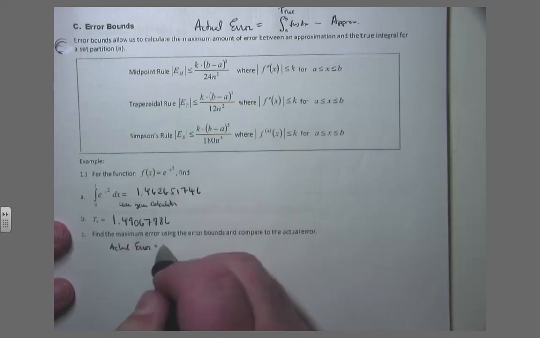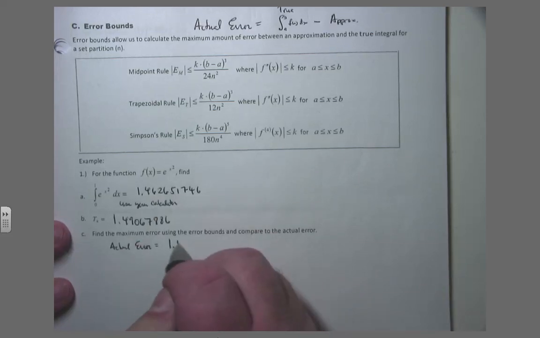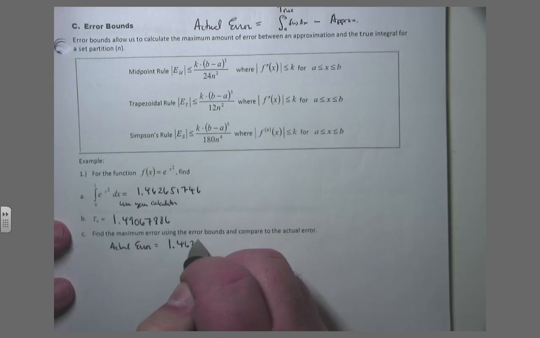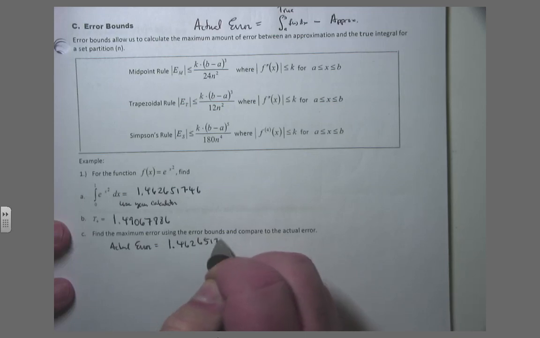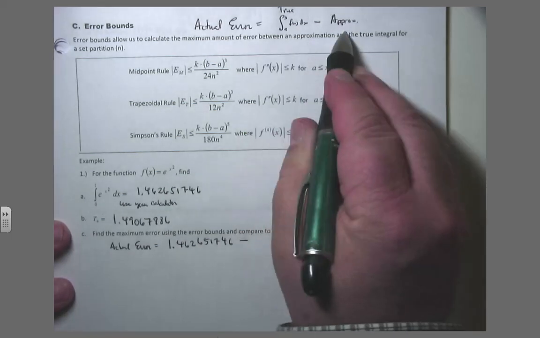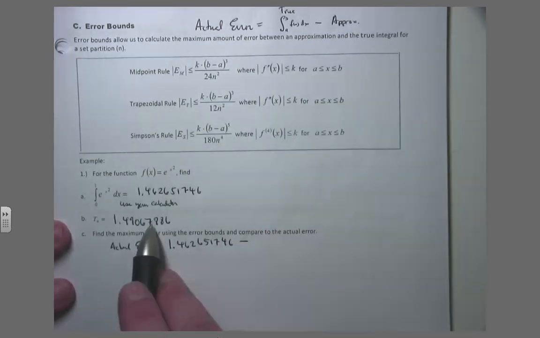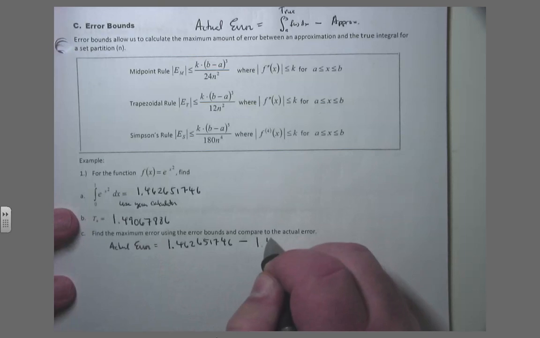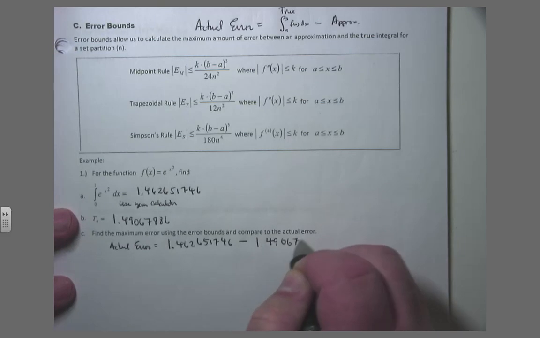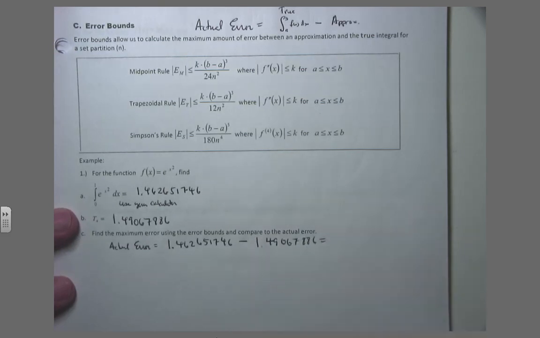We're going to assume the calculator gave me the true integral, 1.462651746, and then I'm going to subtract off the approximate answer, which was my T4, which was 1.490678886.